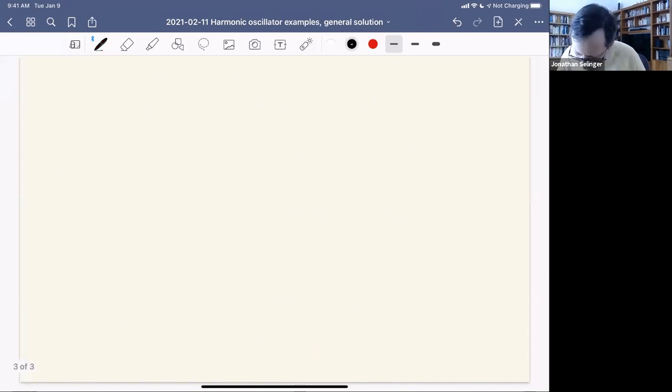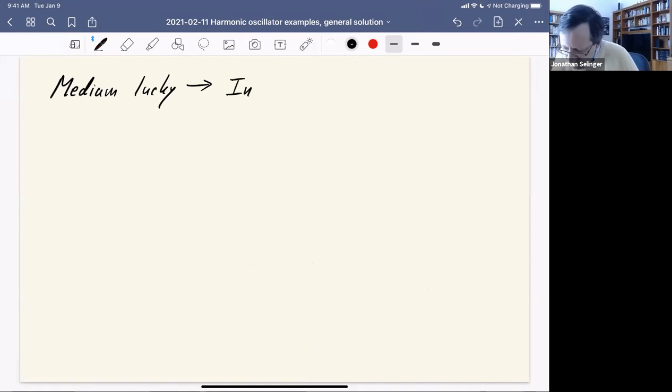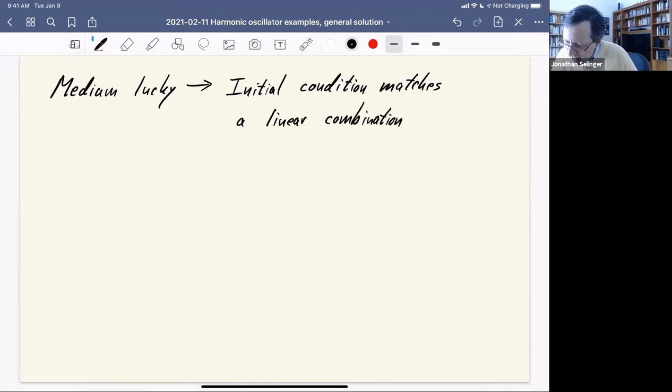If you are medium lucky, then your initial condition matches a linear combination of a few of the psi.